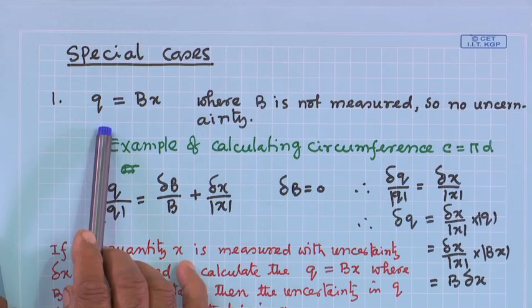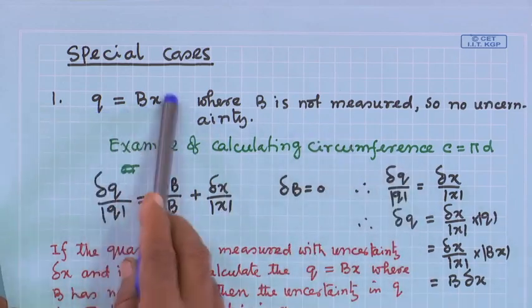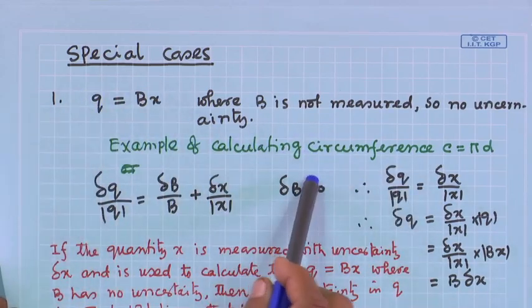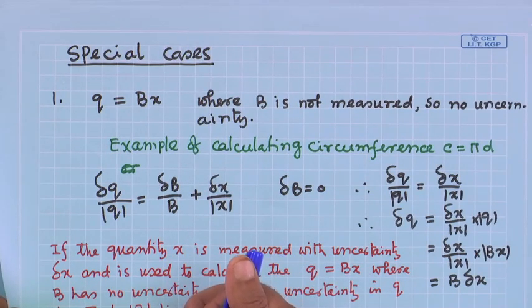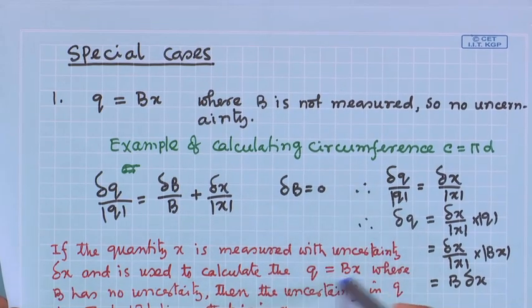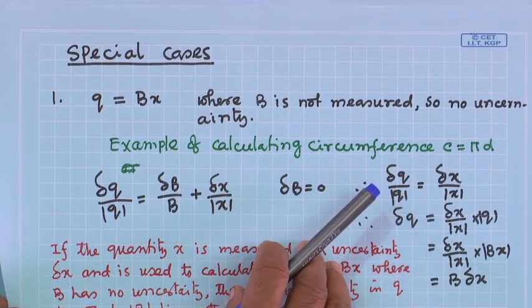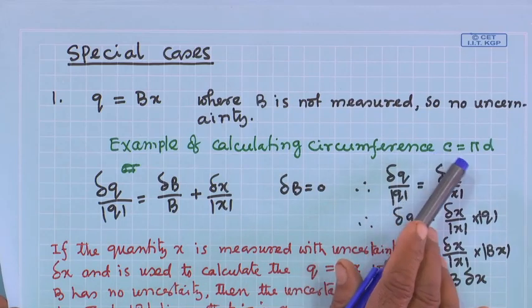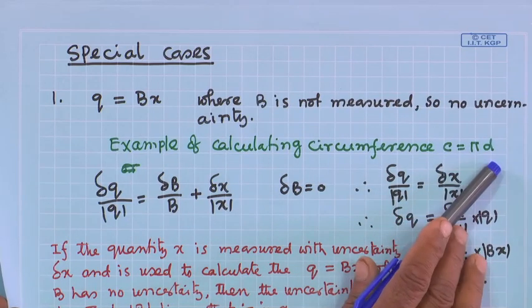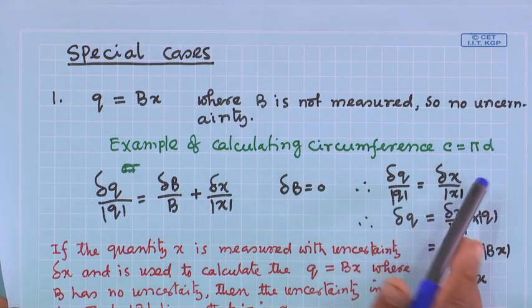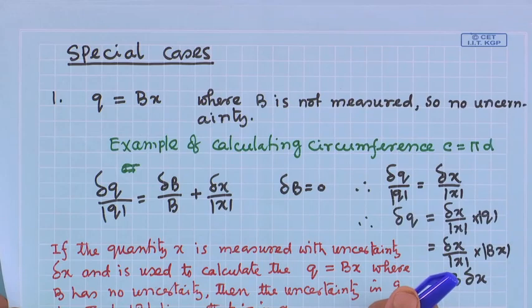As an example, if you are asked to calculate the circumference of a circle, then the relation is c equal to pi d, where d is the diameter, or 2 pi r, where r is the radius.